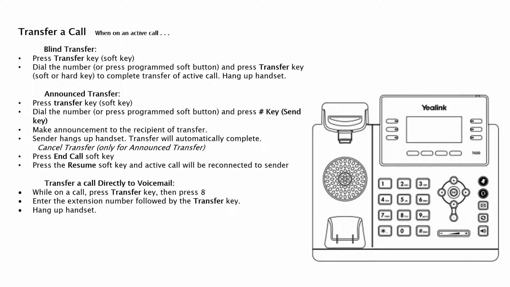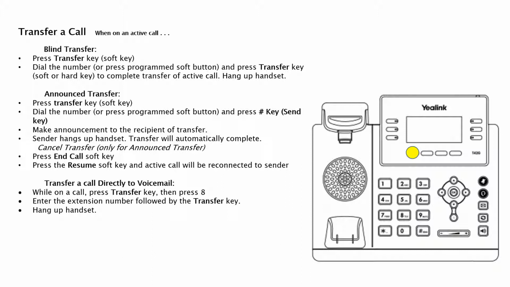Typically that's going to be the button on the left, which I'm highlighting. Then you key in the extension number that you're transferring to. You hit transfer again and hang up. So it's transfer, extension number, transfer. And that's what we call a blind transfer.